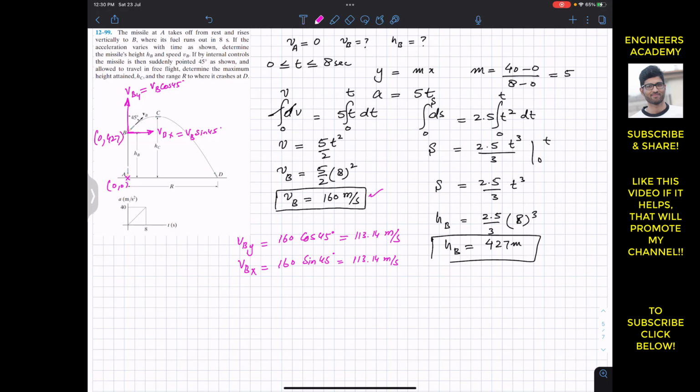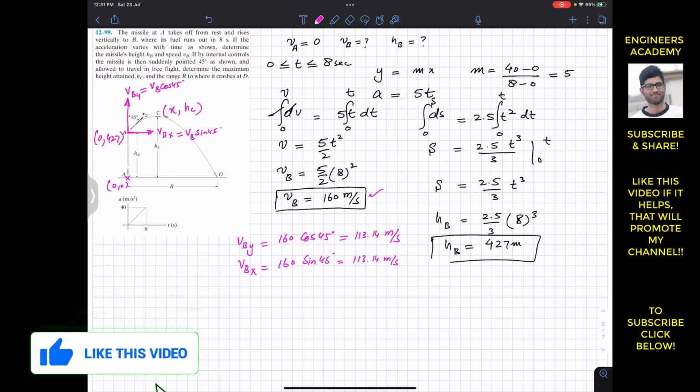Now first of all we have to find the maximum height hc. So we have to find this maximum height hc. When the missile is at point C, we have to find the coordinates of this point C. So let's say that the missile is at a distance of x and at a height of hc. So from the origin its coordinates will be x and hc.